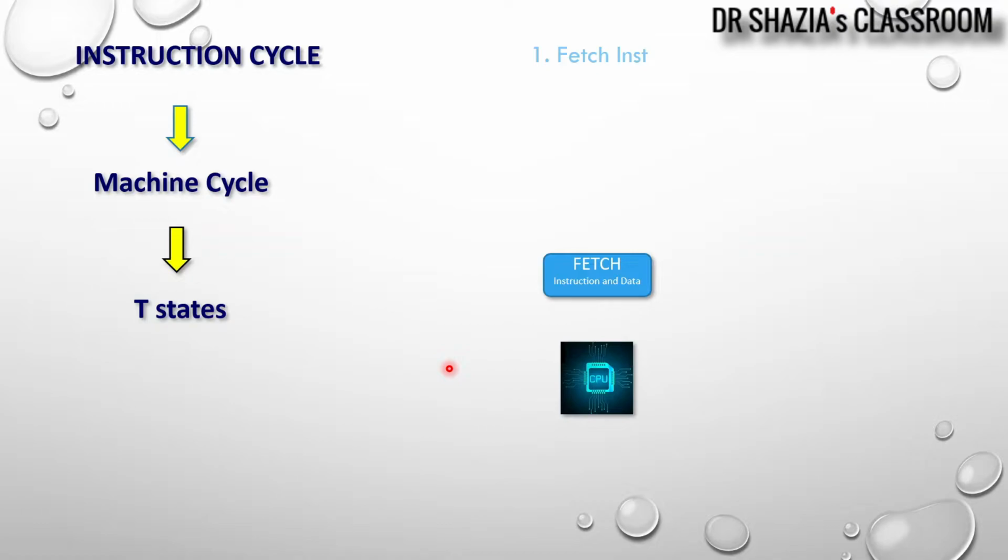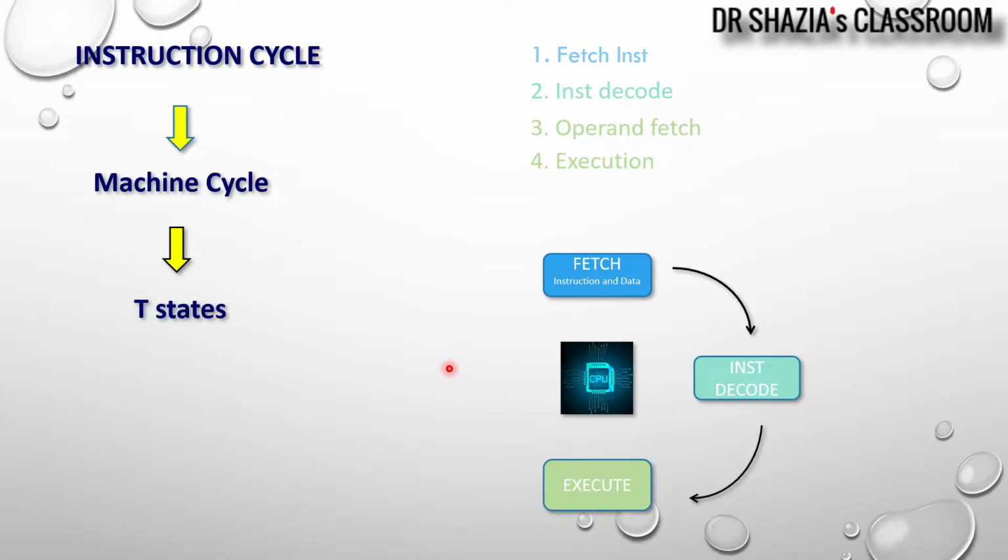So, first the machine code stored in the code segment part will be fetched by the processor, and it will be available in the BIU, bus interface unit of the microprocessor. After fetching, the instruction is decoded. After decoding the instruction, operands are fetched and the instruction is executed.